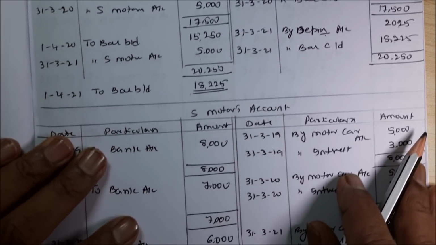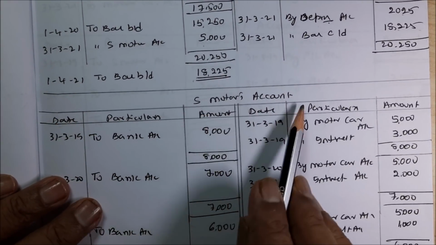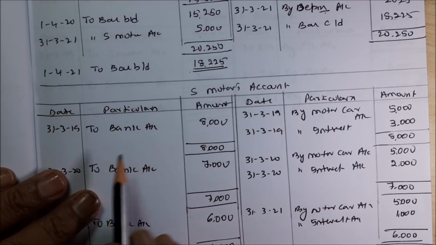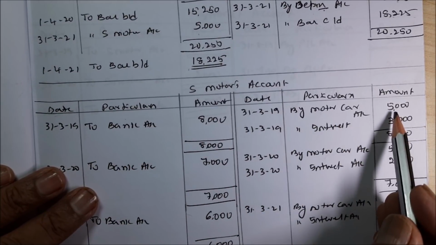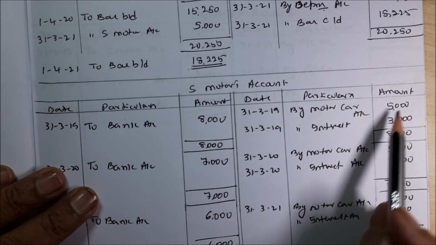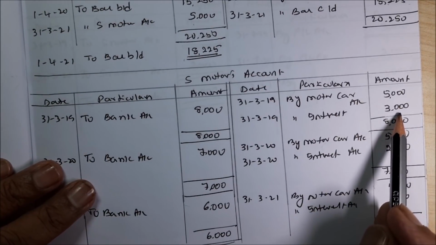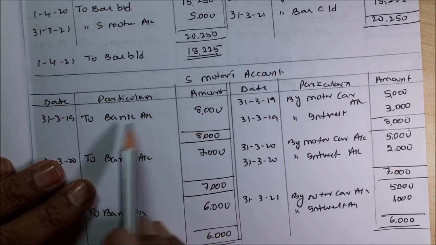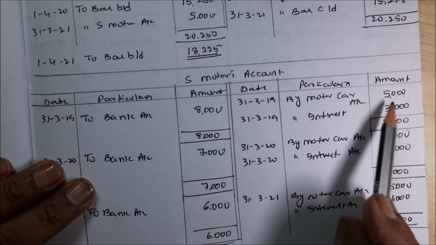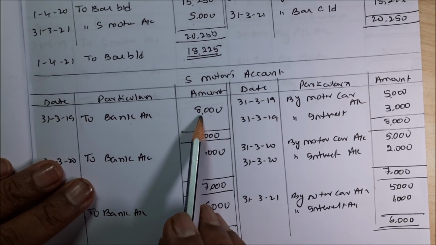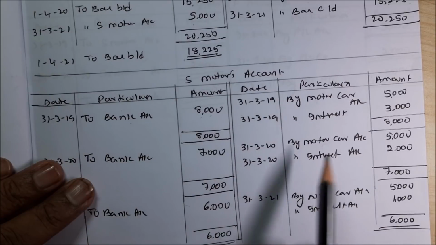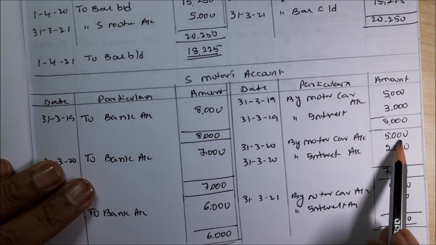Then we have to show the motors account. Yes, motors account. It is very simple. We are due to him 5,000 first installment plus interest 3,000. The first installment paid to bank is 8,000. 5,000 plus 3,000, we have paid 8,000. It is closed. Then by motor car again 5,000.